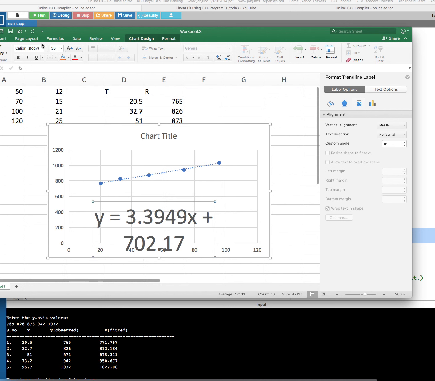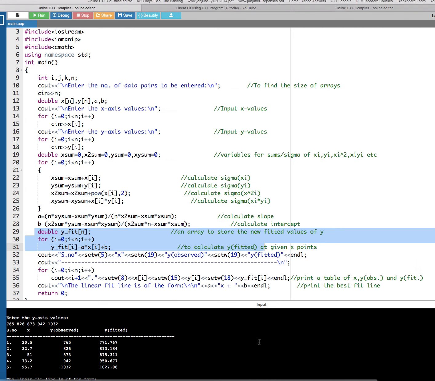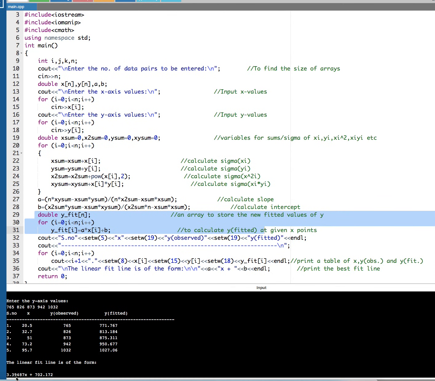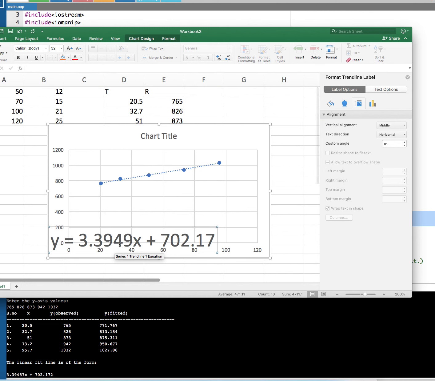Let's make this one a little bit smaller. Now you can see 3.3949, it's rounded, and then we have 702.17. So this is matching this one.